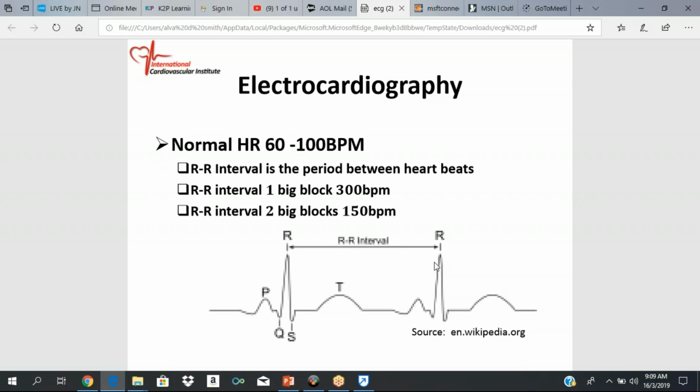So to get the heart rate, and the abbreviation for that is HR, heart rate is equal to 300 divided by the number of big blocks.